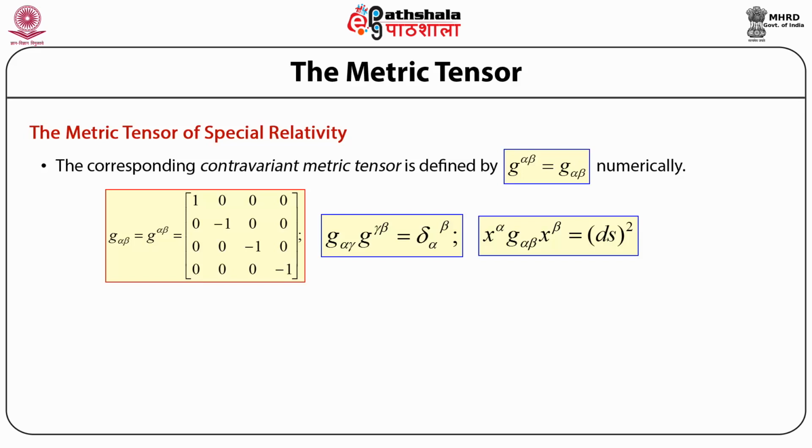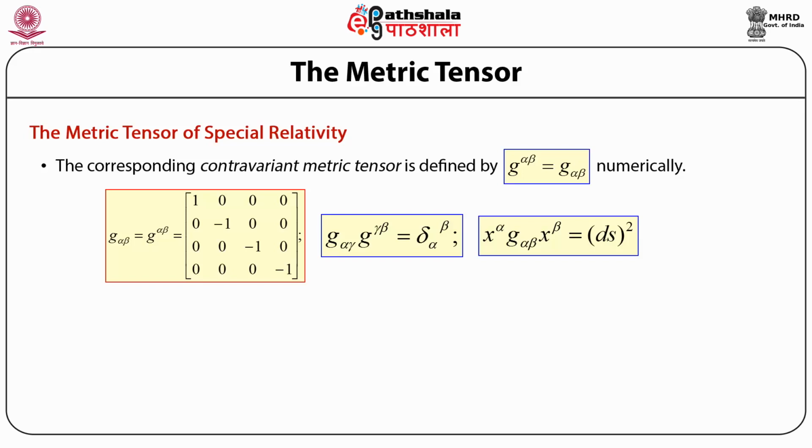So g_αβ equals g^αβ equals the matrix whose first row has the components 1 0 0 0, second row 0 minus 1 0 0, third row 0 0 minus 1 0, and the fourth row 0 0 0 minus 1.